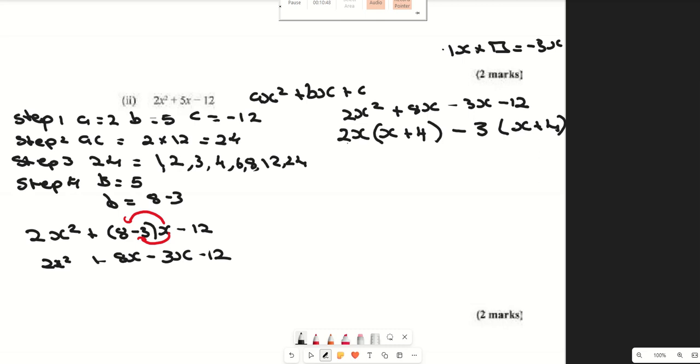And minus 3 by plus 4 is minus 12. Alright, so you know that your pair that you took is correct. Also, your brackets are the same. So you're going to put x plus 4, which is in both brackets, and then whatever is outside, which is 2x minus 3. Alright, and that would be your answer for factorizing this term right here.